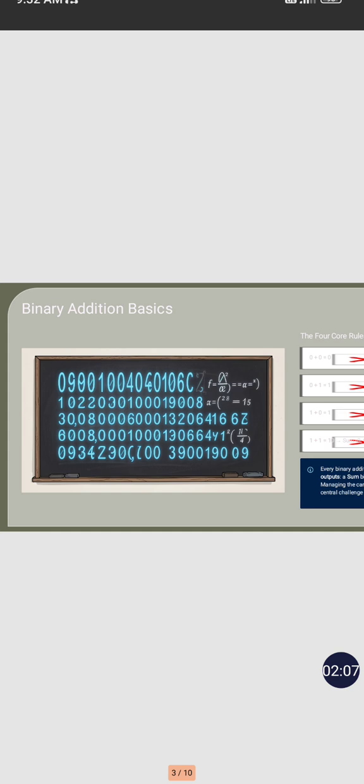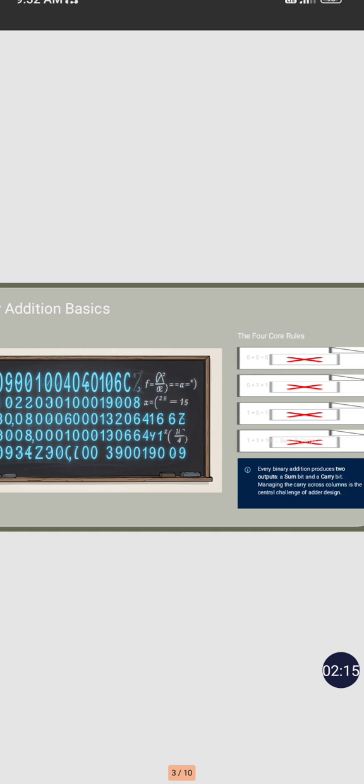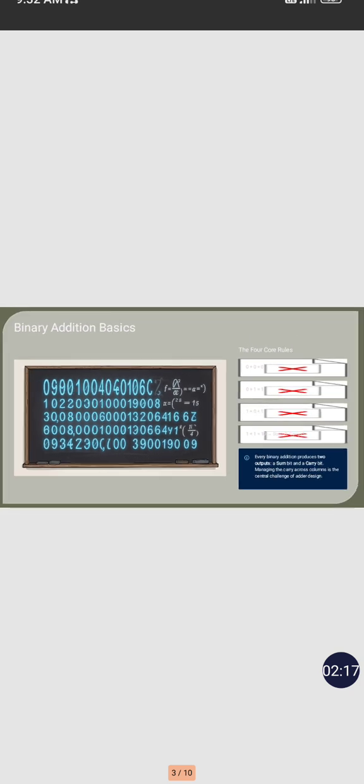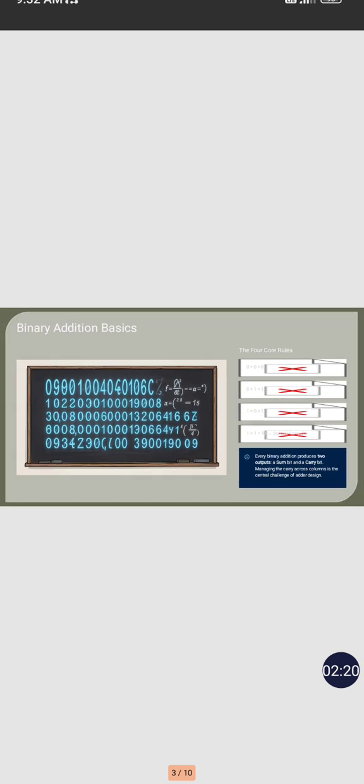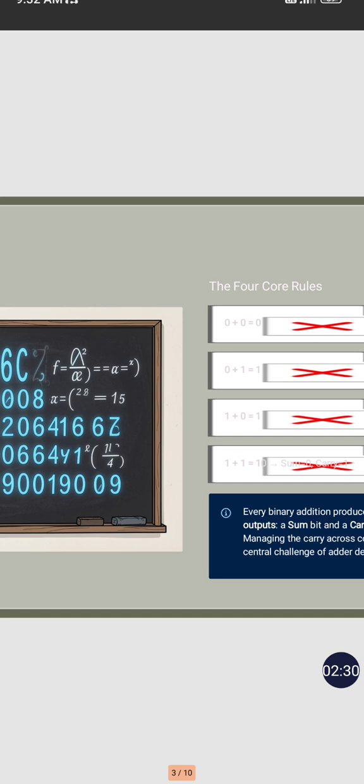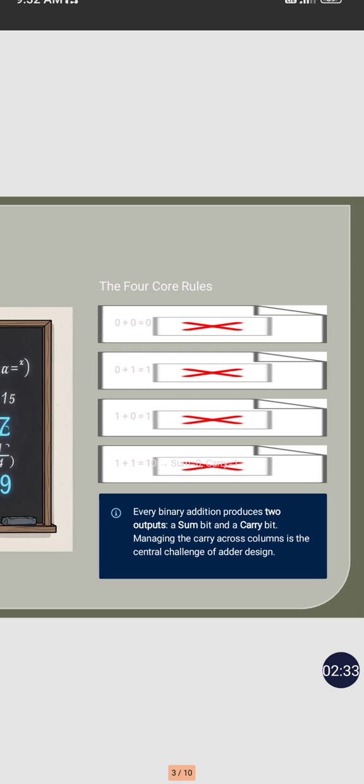Next, we discuss binary addition basics. Before learning adders, we must understand binary addition. Binary numbers use only 2 digits: the first one is 0 and the second one is 1. These are the 4 basic rules of binary addition. 0 plus 0 equals 0, 0 plus 1 equals 1, 1 plus 0 equals 1, and 1 plus 1 equals 10.